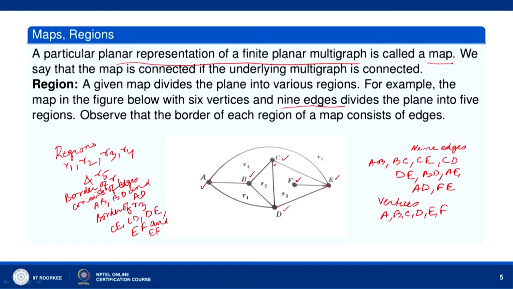And if you look at the border of R5, it consists of edges AE, ED and AD. Now, here the edges EF and FE will be considered the same because we are not associating direction with it.